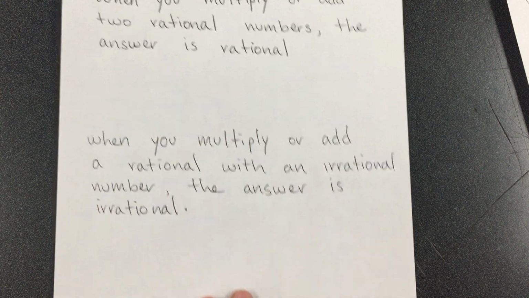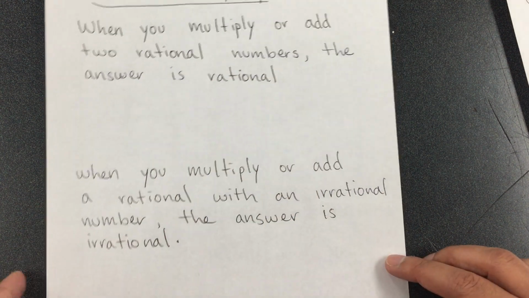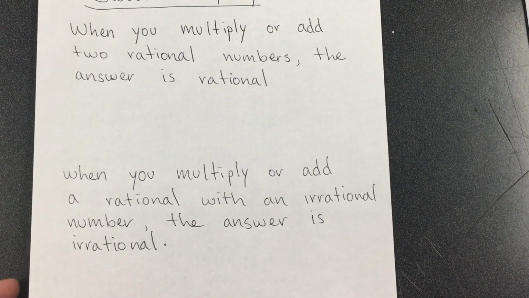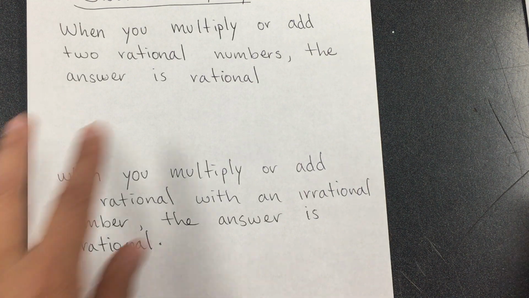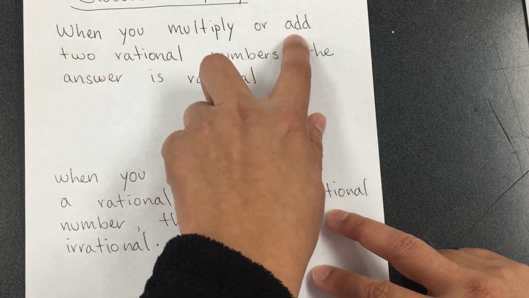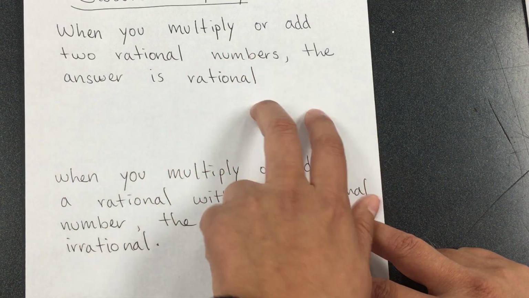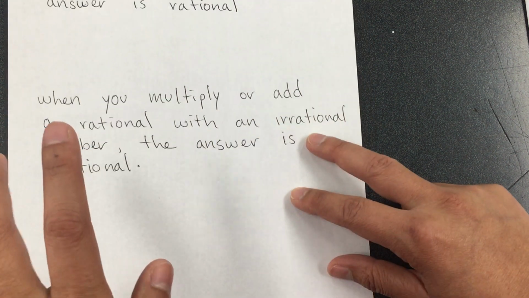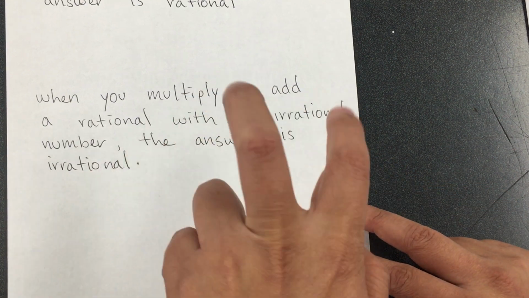Okay, I'm going to give you at the end a summary of what this means, but I'm going to give you examples first just to make sure that it makes sense. If we multiply or add 2 rationals, then the answer is rational. If we multiply 1 rational with 1 irrational, the answer is irrational.